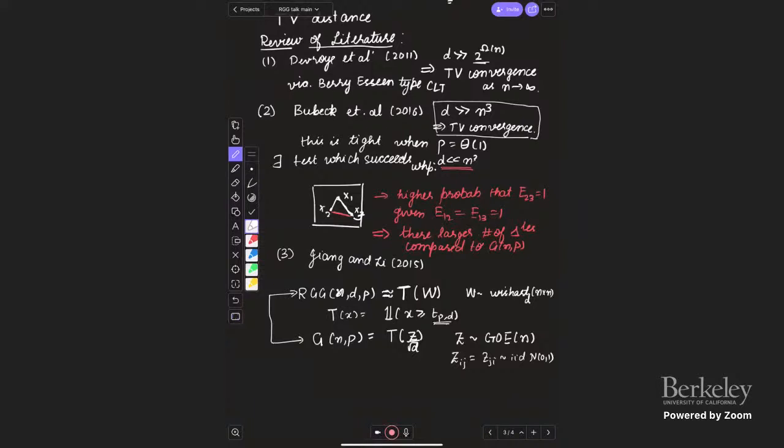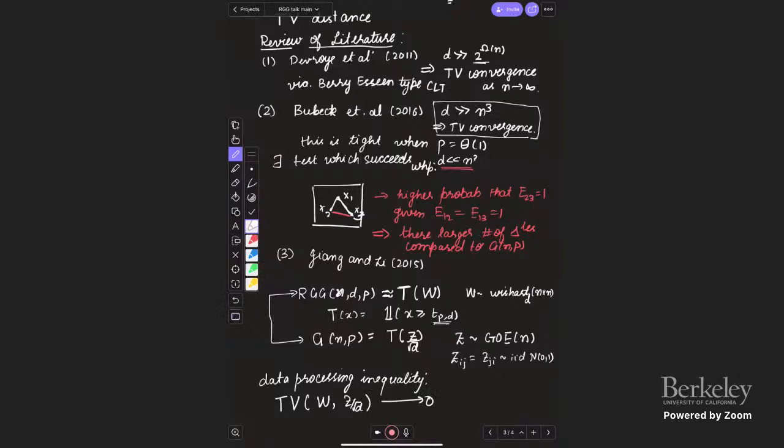Okay. Now, to show that there is a total variation convergence between RGG and G(n,p), we just use the data processing inequality. That is, it is sufficient to show that the total variation distance between W and Z over square root d converges to 0.